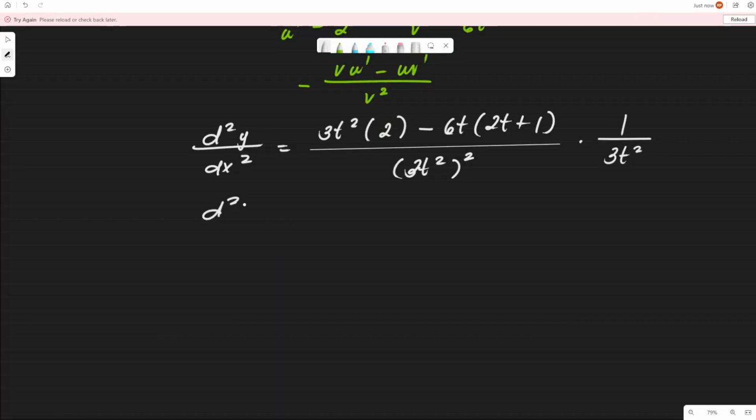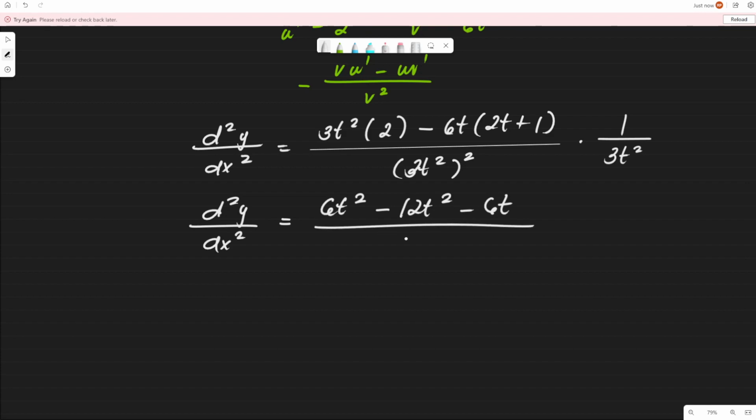So we have d squared y over dx squared. So this is just 6t squared minus 12t squared minus 6t, all over 9t to the 4th times 1 over 3t squared. So, we can combine, no? Itong 6t squared tsaka negative 12t squared. That will give us negative 6t squared minus 6t.